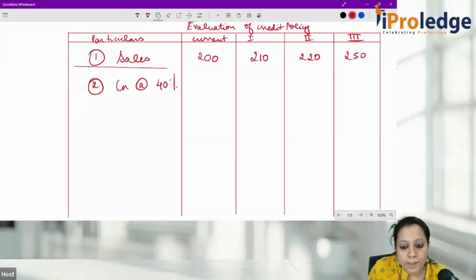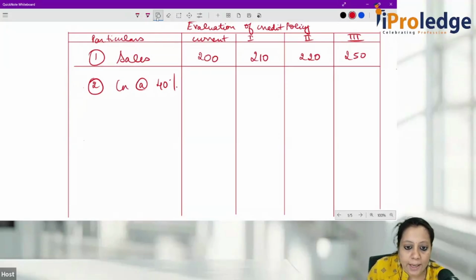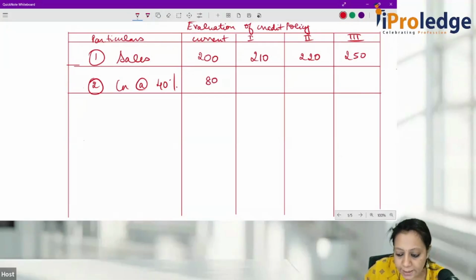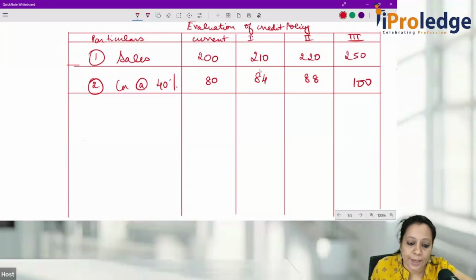Okay. So this is easier for my students, so I'd like to do it this way. This is 80. Yes, ma'am. 84 and 88. And then this is 100.